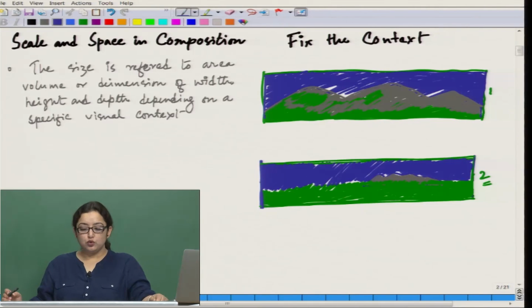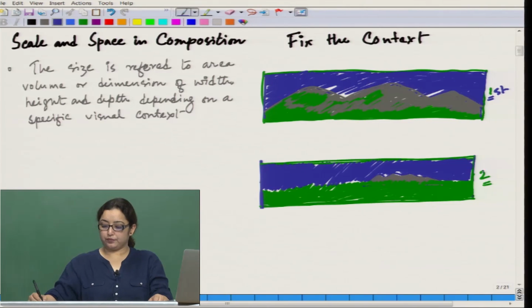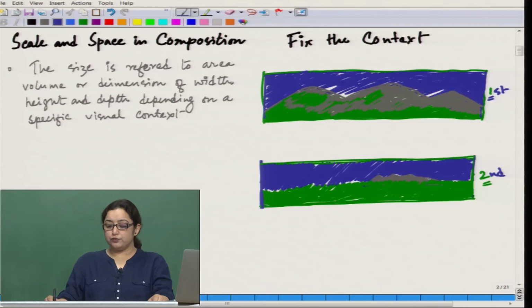we can come down to two statements. One is that in context to the first picture, the sky has not changed much, the sky is almost similar in proportion, but the mountain has occupied a larger area in the first picture, whereas in the second picture the amount of mountain has reduced to quite an extent and the forest has expanded.